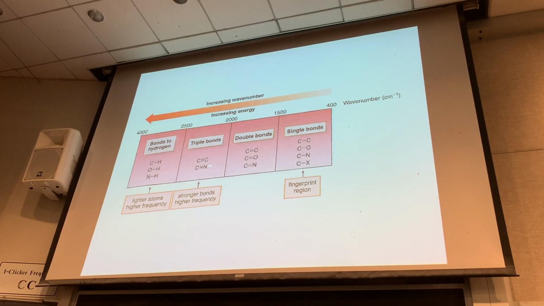So here's two heavier atoms, carbon-carbon triple bond to nitrogen, also very stable bonds, so they're up here a little bit higher than the double bonds and the single bonds. So that's what you can see there. Now the intensity has to do with the change in the dipole moment. So carbon-oxygen, carbonyl stretch here, for example, deformation of that bond length changes the dipole moment dramatically within the molecule.